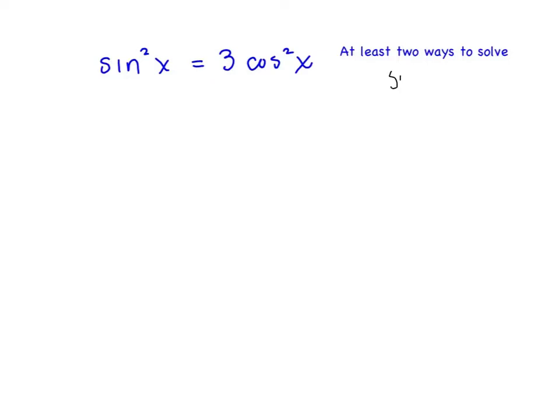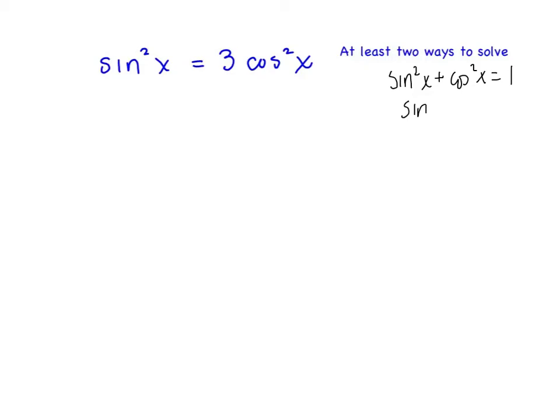The identity is sine squared x plus cosine squared x equals 1. So I could solve this problem over here by substituting for the sine squared or substituting for the cosine squared, and either one is going to get you the same answer, because what you're trying to solve for is the angle x. All right, so just because, I'm going to solve this.